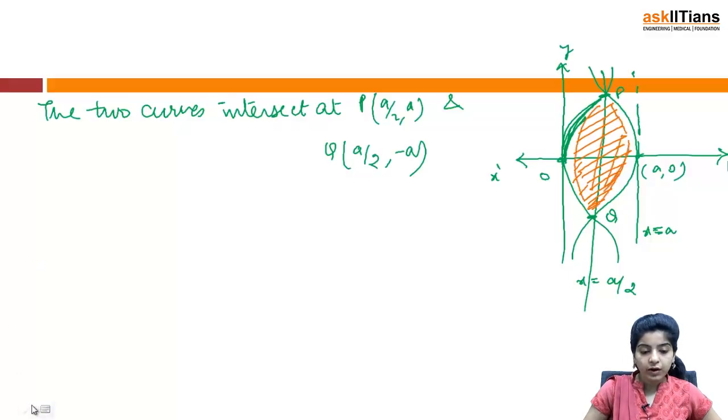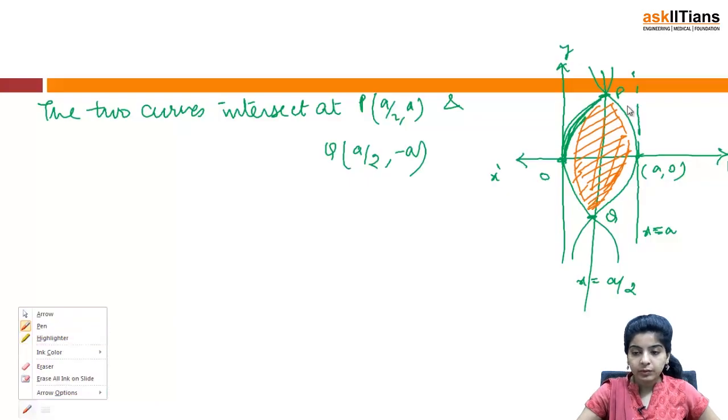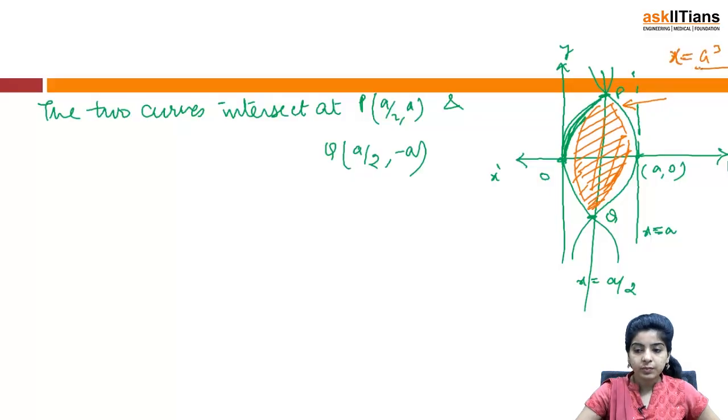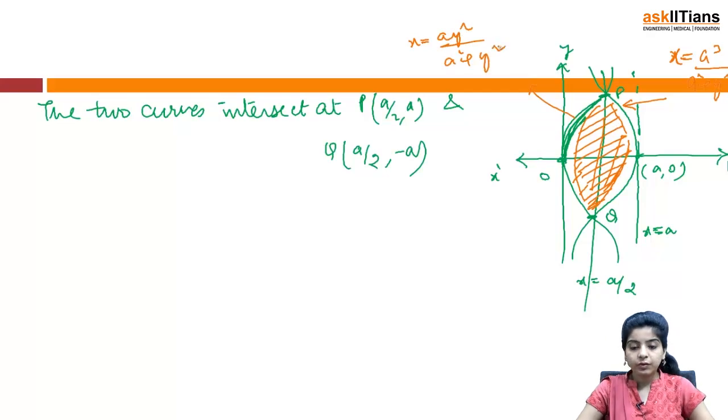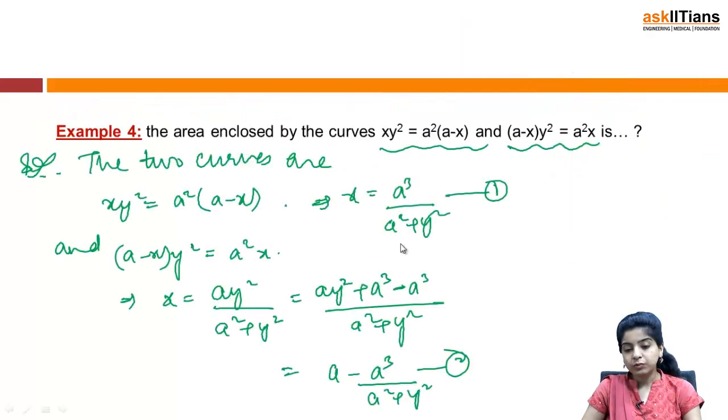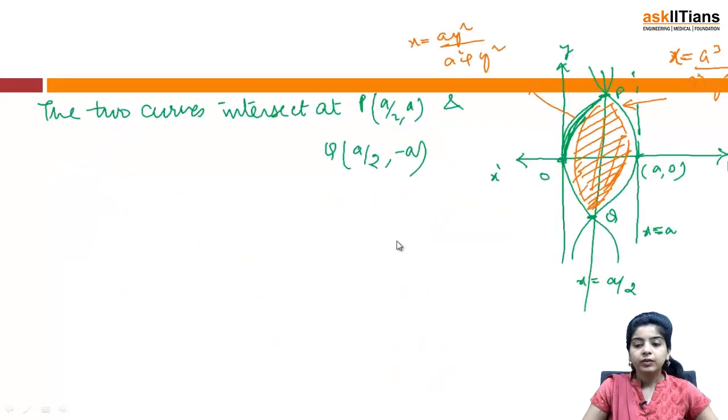So how do you find this area? What about these curves? This would be x equal to a cube by a square plus y square, and this curve is x equal to a y square by a square plus y square. You can see it from here. So these are the two curves.